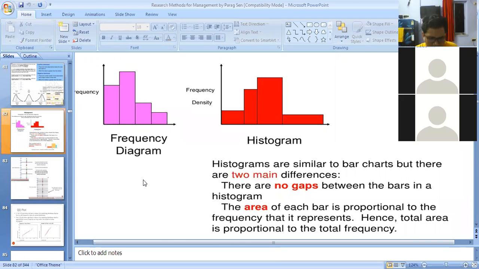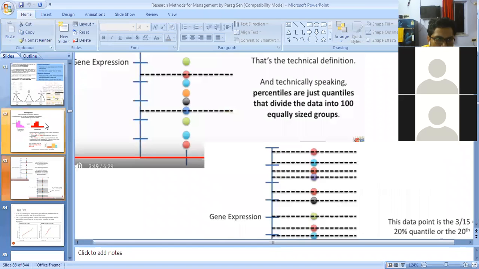You already know that a histogram is for continuous variables. Along the x-axis you represent the outcomes, and along the y-axis you represent the frequency density for a continuous distribution. That is known as a histogram. Later on we will discuss more on it.